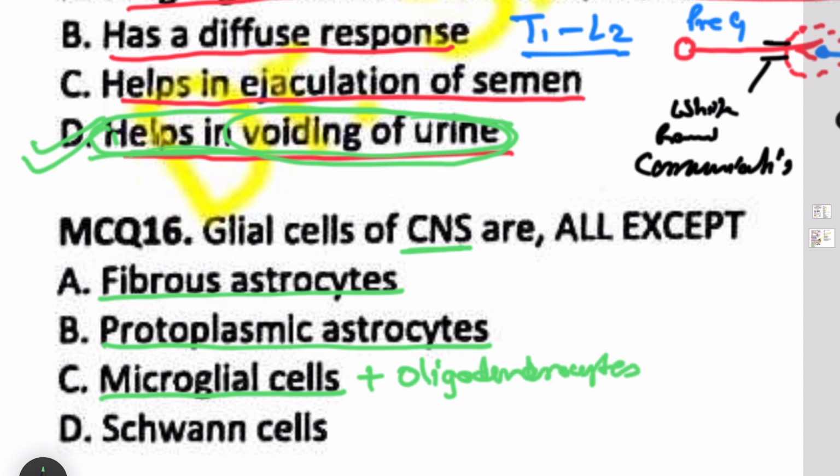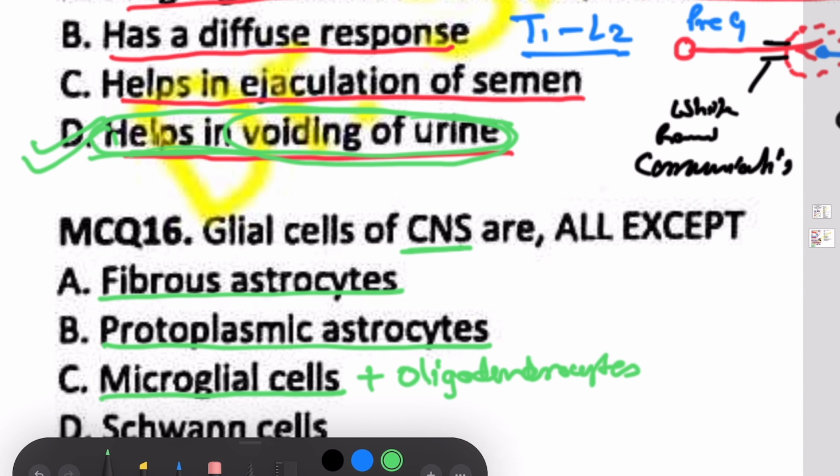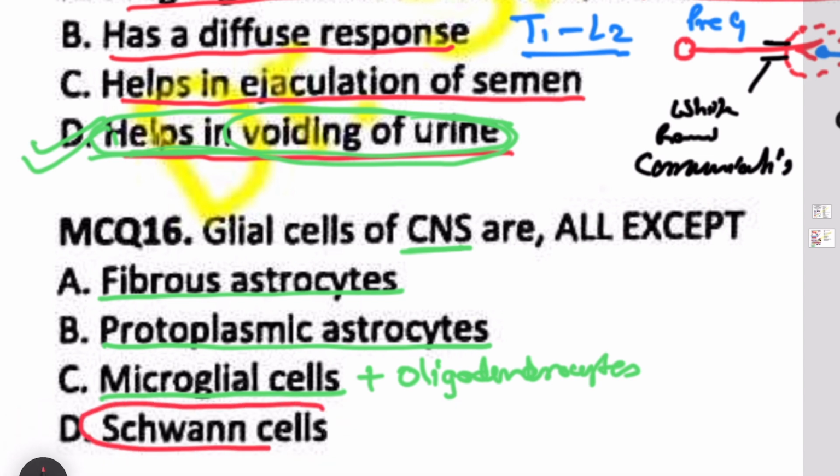All these are glial cells of the CNS, while Schwann cells are glial cells of the peripheral nervous system. These Schwann cells form the myelin, the neurilemma of the peripheral spinal nerves, as well as the peripheral cranial nerves. So the answer here is D.